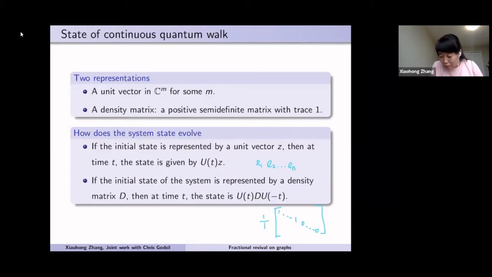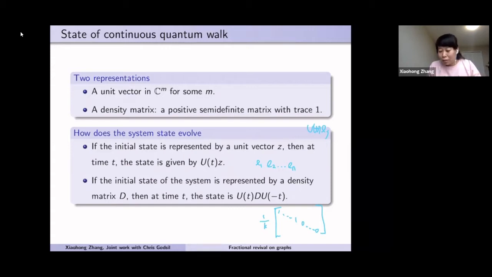The scalar is just to make it trace 1. k is the number of 1s. So if we start the walk at some vertex g, then at time t the state is U_t e_g. It might have non-zero modulus on different entries. It might have many non-zero entries, which means there might be many non-zero probabilities for the walker to end up at some other vertices.